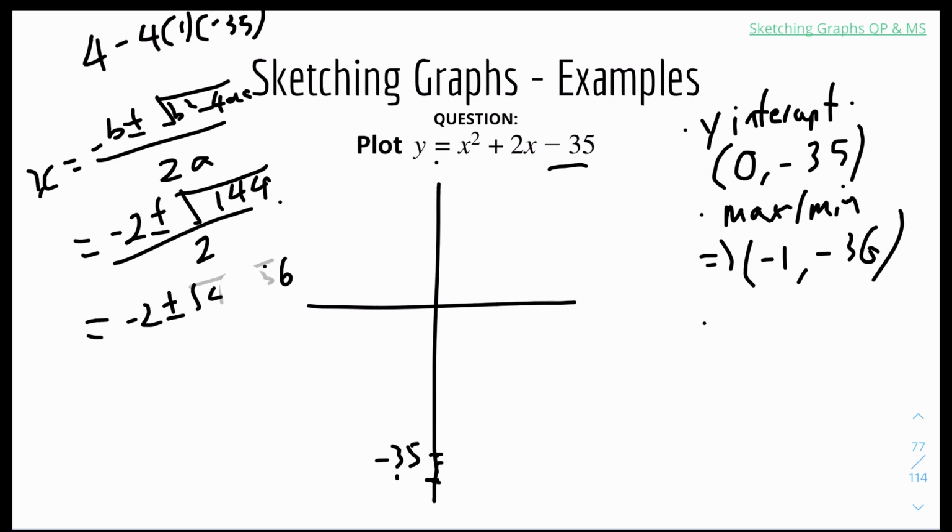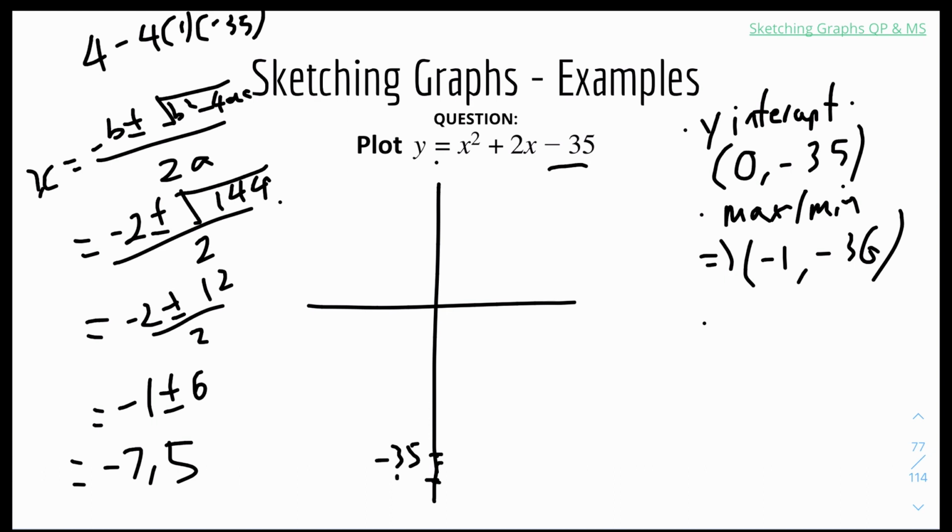So it will be plus or minus 12 over 2, which gets us minus 1 plus or minus 6. And actually, you don't even need a calculator, because I didn't realize it's that simple. This gets us minus 7 and 5. So the roots are x equals minus 7 and x equals 5.